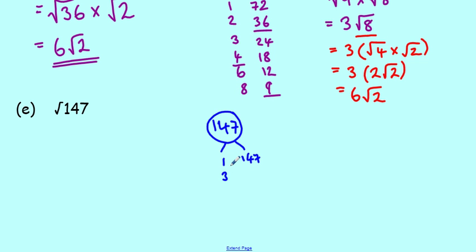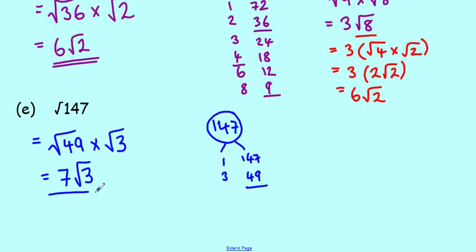So 3, 6, 9, 12, 49 is going to work. 3 times 49. 49 is a square number, which is great. You can get to the answer straight away now. Square root of 49 is 7. So your final answer would be 7 root 3.